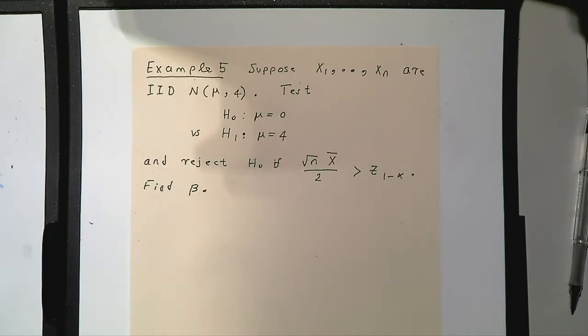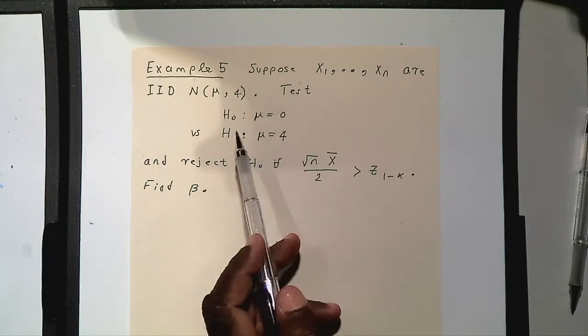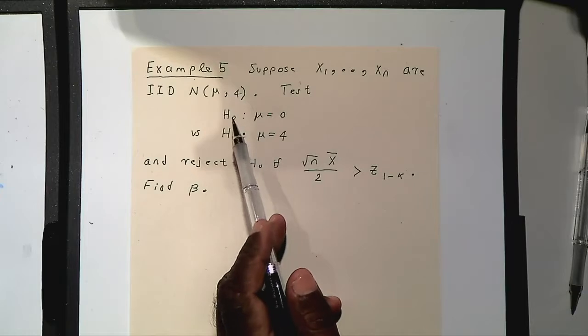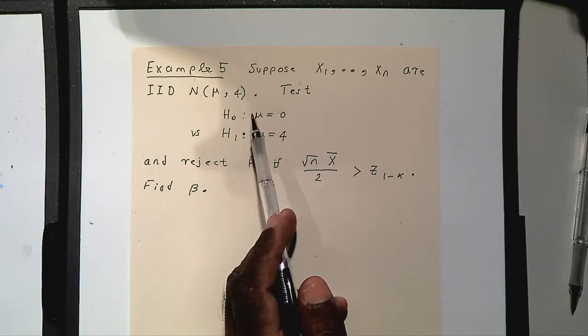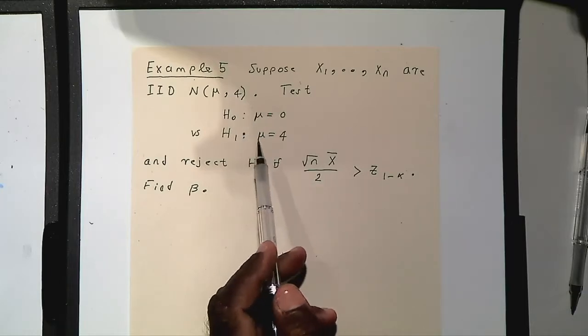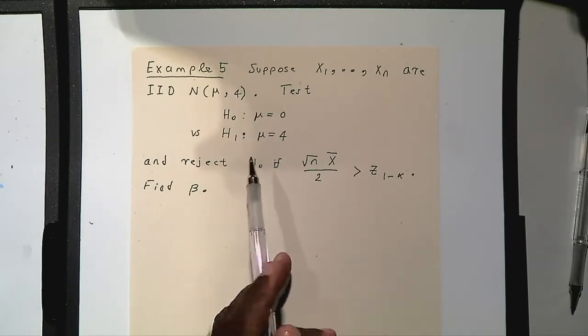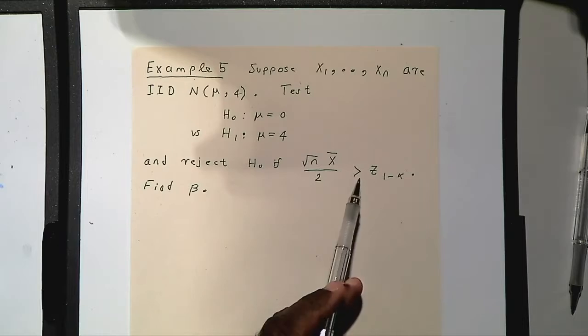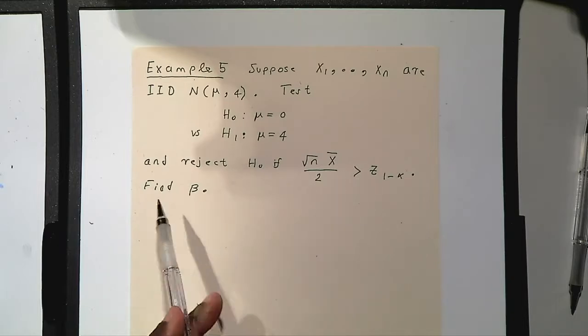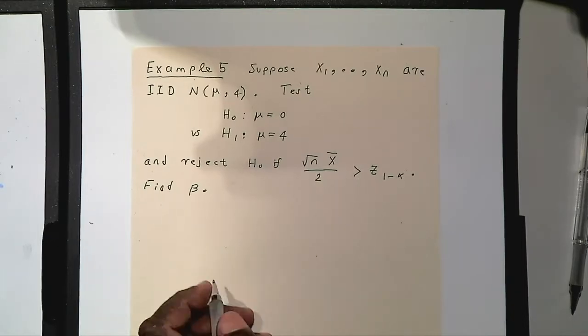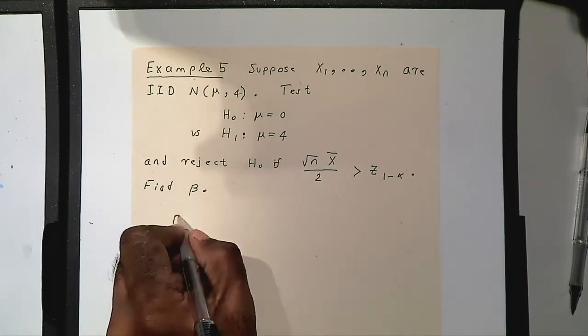All right, so here we are testing. We have a random sample from a normal distribution with parameters mu, the population mean, and variance 4. We are testing this versus this, and this is the rule for rejecting the null hypothesis, and we want to find beta.